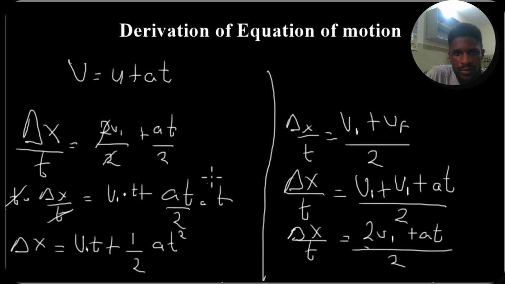So you can say we derived the second equation of motion. Remember, v1 means our initial velocity, which is the same thing as u in your textbooks, t means time, and a is our constant acceleration.